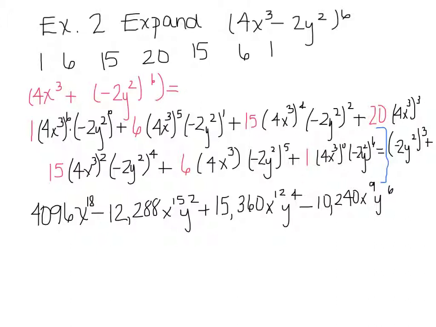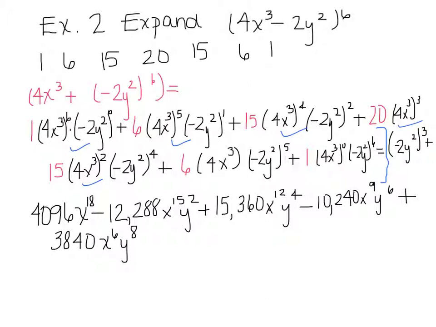Okay? Then, my next term, let me check these off so you'll know where I am. So now I'm here. Negative 2 to the 4th power, which will make it positive, times 4 squared, which is 16, times 15. That'll give me plus 3,840 x to the 6th, y to the 8th.